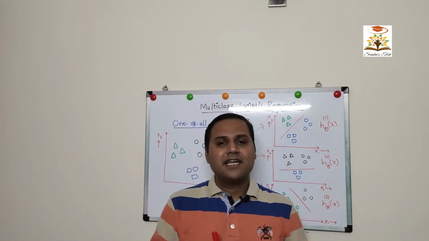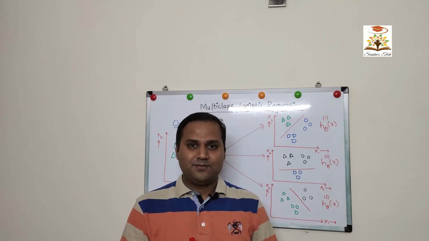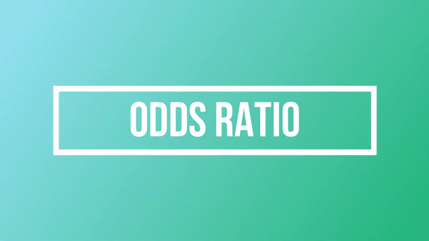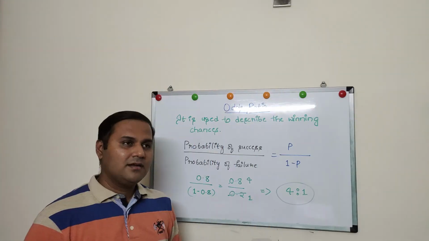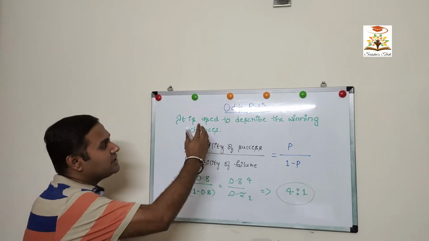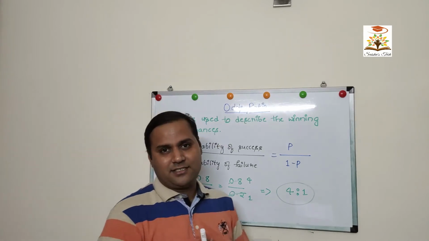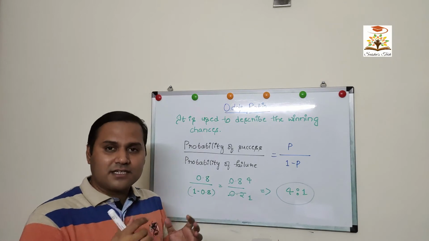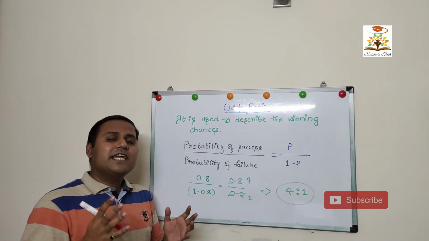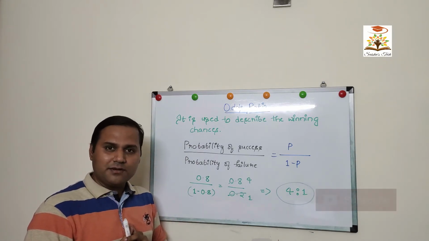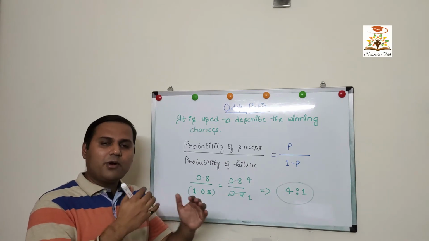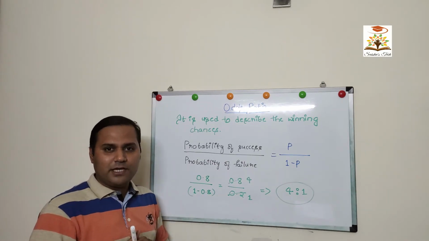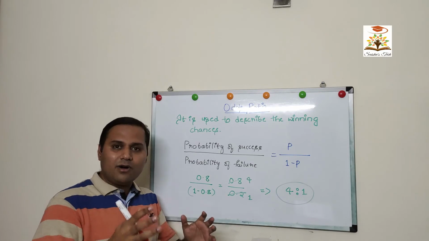Now let us understand the odds ratio. Odds ratio is used to describe the winning chances. If we have the probability of success and we can calculate the probability of failure, the ratio of these two, the probability of success to the probability of failure, is known as the odds ratio.